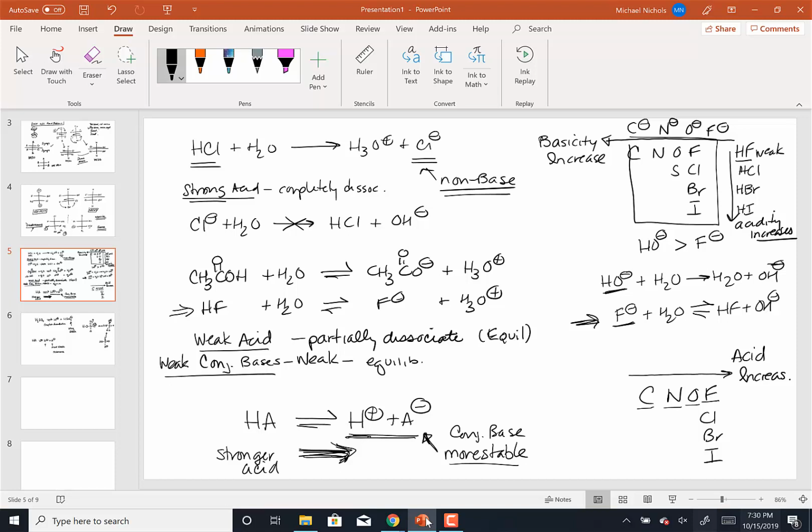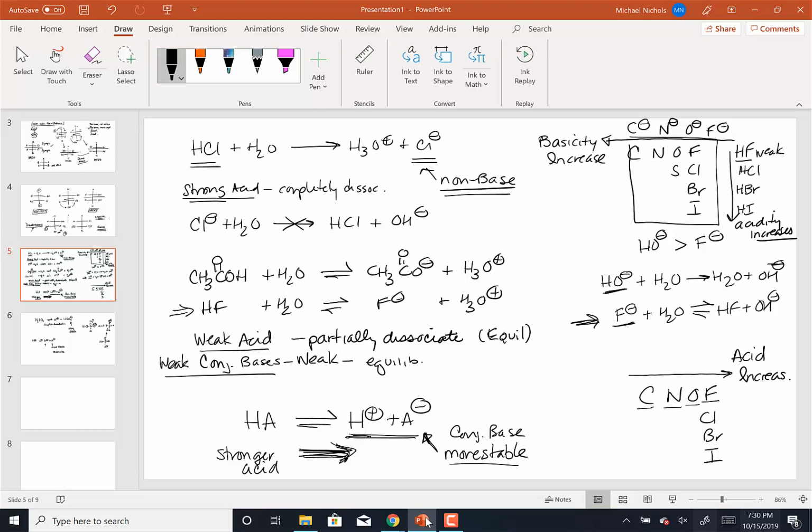And so if you took into account the fact that HCl 99 point something % dissociates, and HBr 99 point higher number dissociates, it turns out that HBr slightly dissociates more, HI dissociates the most. It's not 100%, but it's pretty close. And so when we say it completely dissociates, it doesn't.